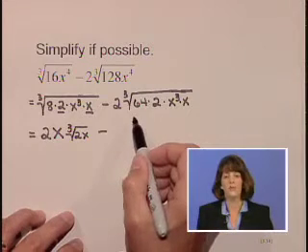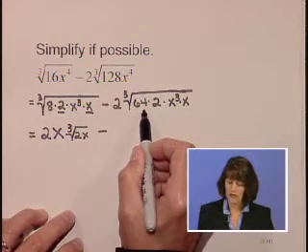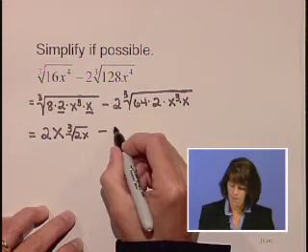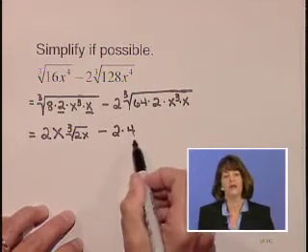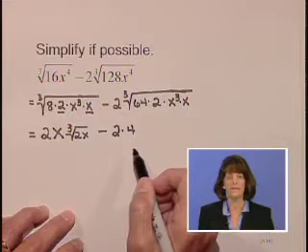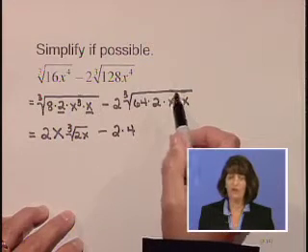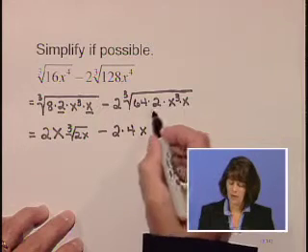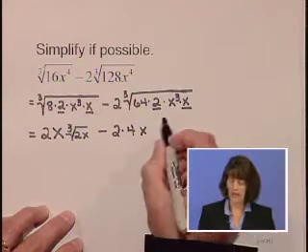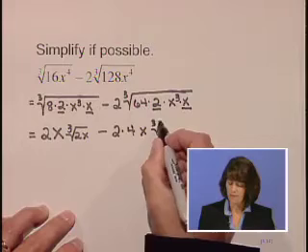Looking at our second term, the cubed root of 64 is 4. So that comes out, and remember, as it comes out, this is a string of multiplication, a product. The cubed root of x to the third is x. But here, again, the 2 and the x stay underneath.